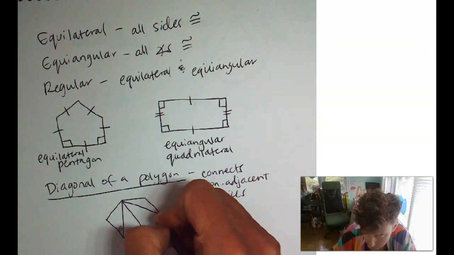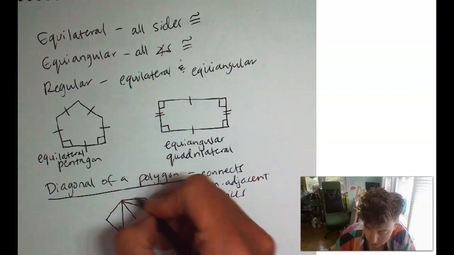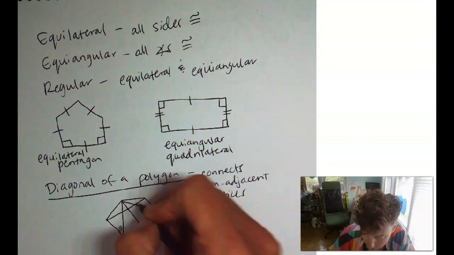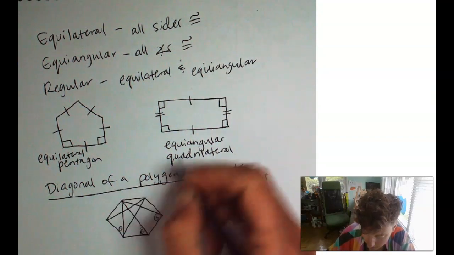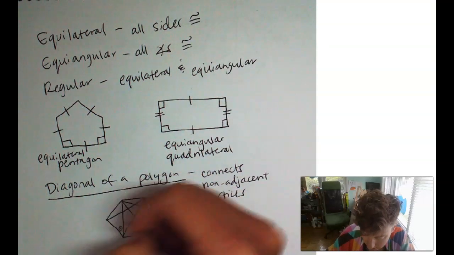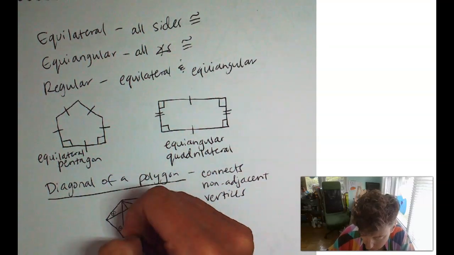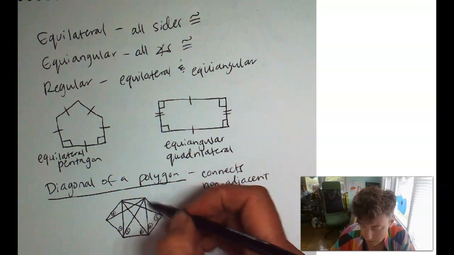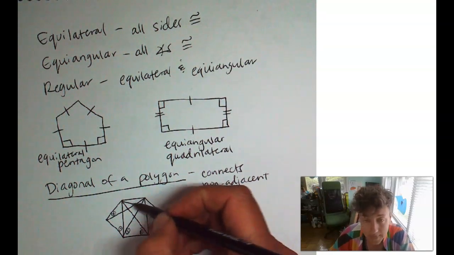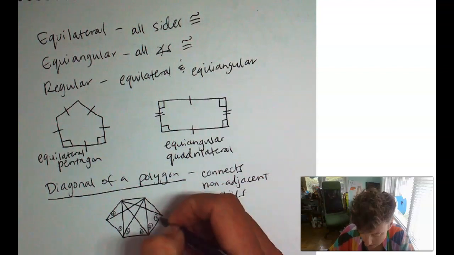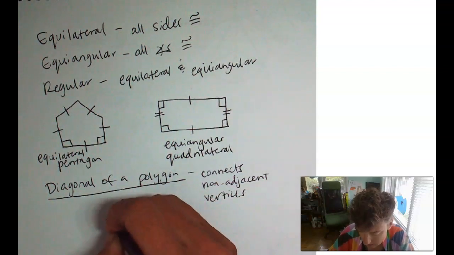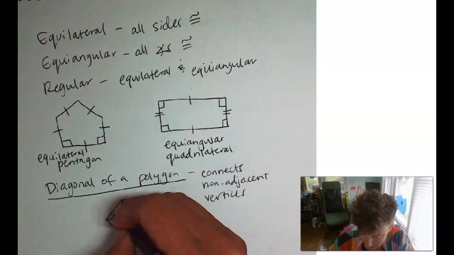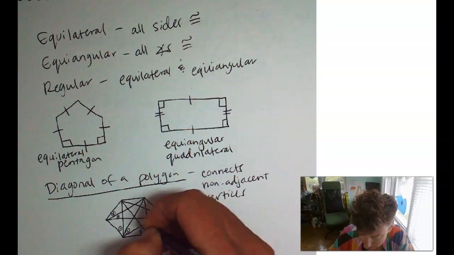1, 2, 3. Now I'll move on to the next vertex. I can draw one here. That'll be our 4, our 5, and our 6. Move on to this vertex. I've already drawn that diagonal, so we won't redraw it. We'll have 7 and 8. It's getting tight in here.